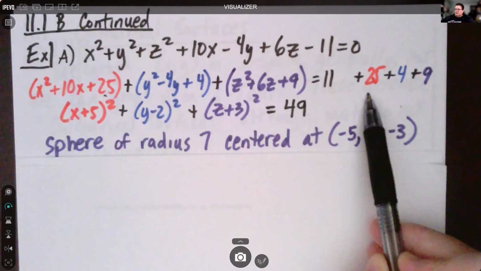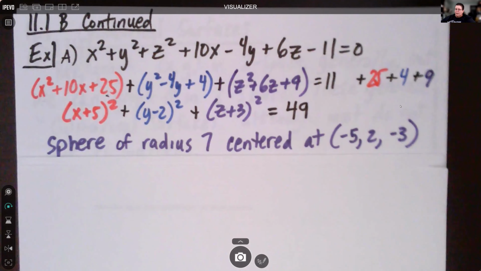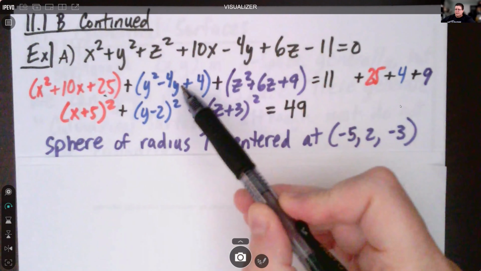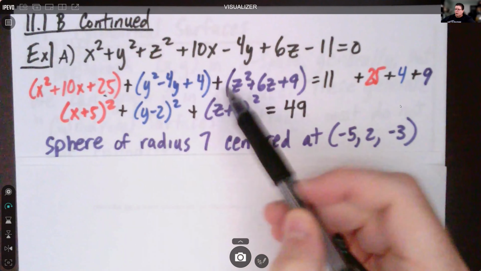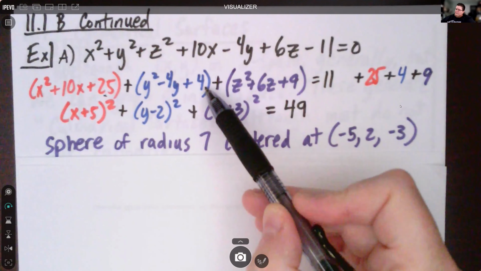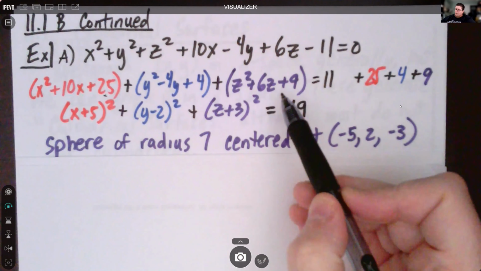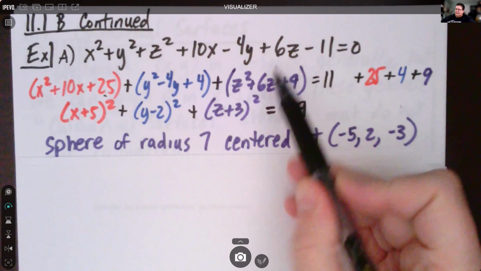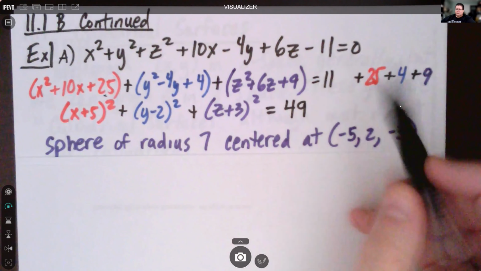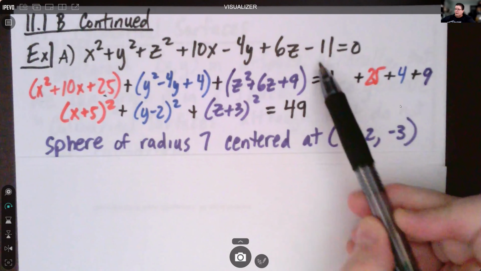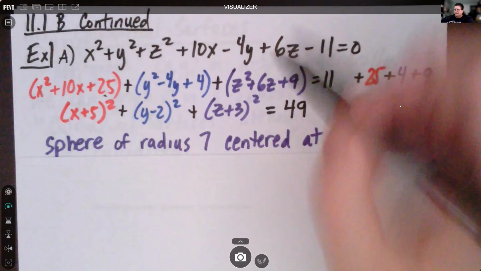I did that the same for each of them. I put the negative 4y with y squared. We cut negative 4 in half and square it, negative 2 squared is 4, add 4 to both sides. And the same thing with z, half of 6 is 3, 3 squared is 9, add 9 to both sides. I've also taken the liberty of moving the 11 to the other side by just adding 11.